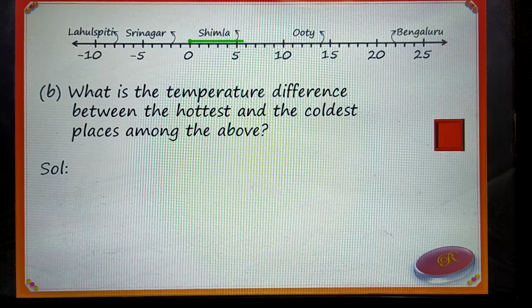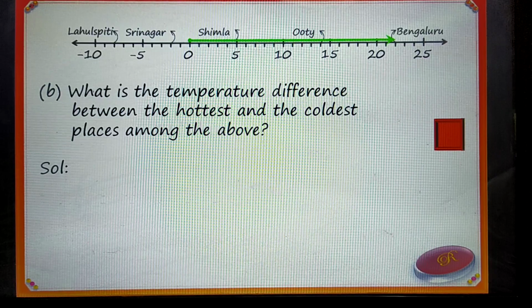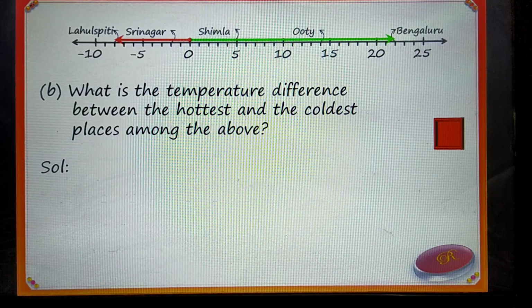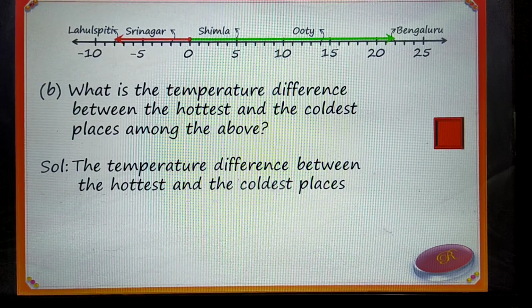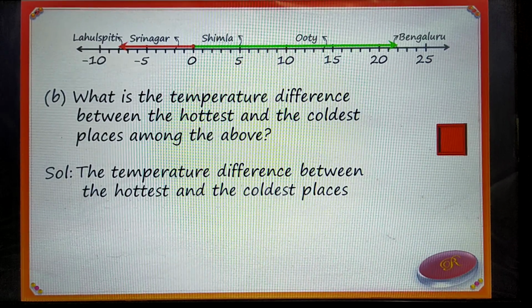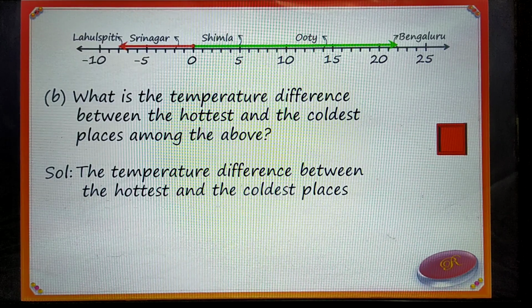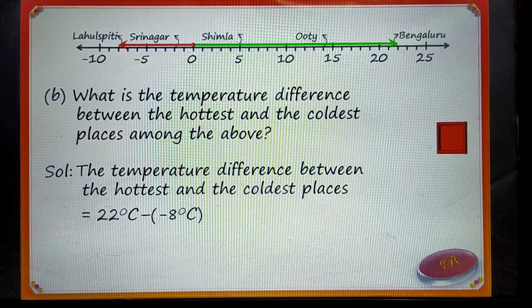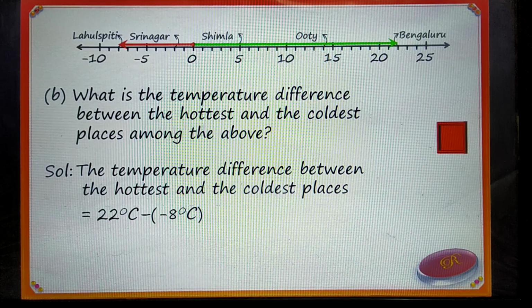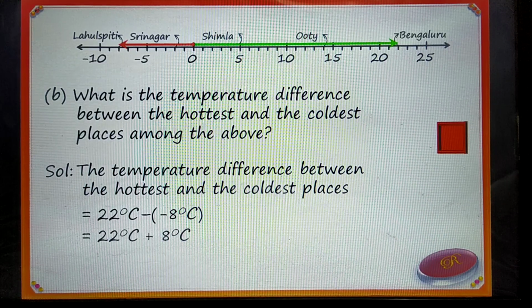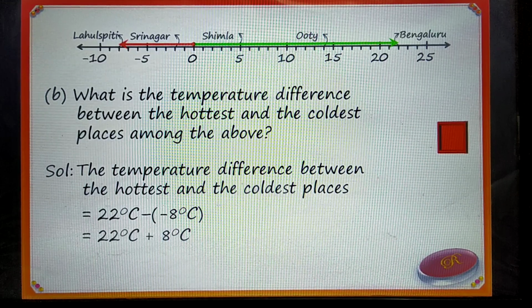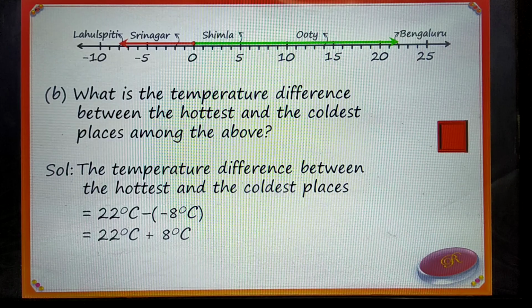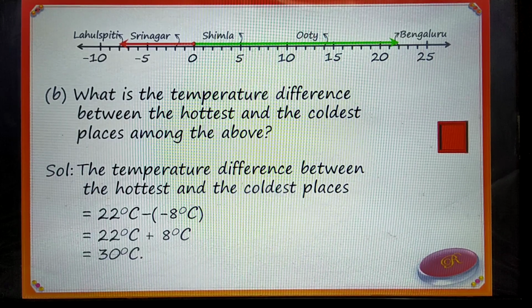Since the temperature of the hottest place is 22 degrees Celsius and the coldest place is minus 8 degrees Celsius, therefore the temperature difference between the hottest and the coldest places is equal to 22 degrees Celsius minus of minus 8 degrees Celsius, which is equal to 22 degrees Celsius plus 8 degrees Celsius, which is equal to 30 degrees Celsius.